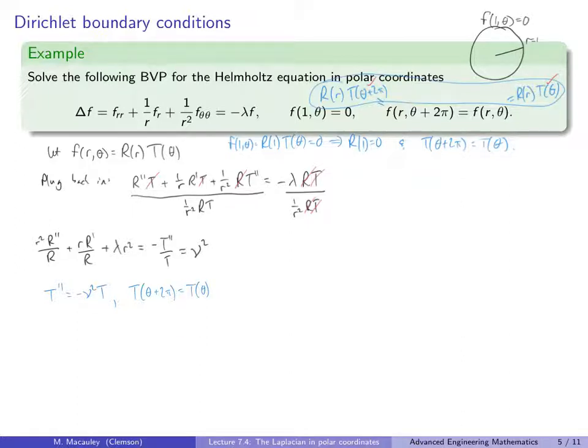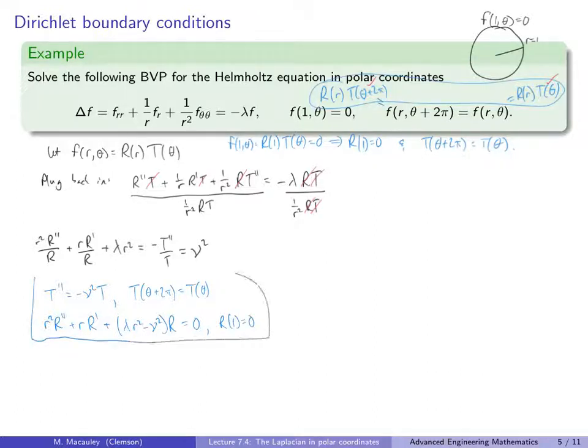And then our second ODE is in r: r squared r double prime plus r prime plus lambda times r squared minus nu squared r equals 0. And then we have a boundary condition that r of 1 equals 0.